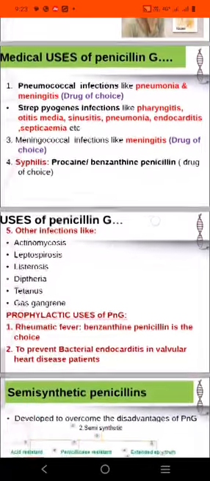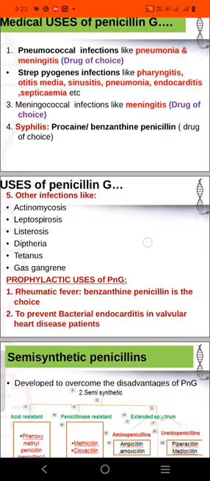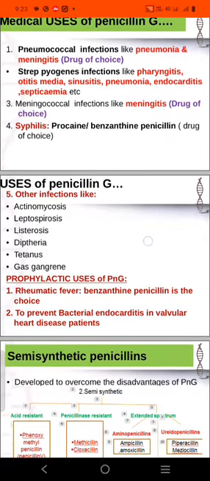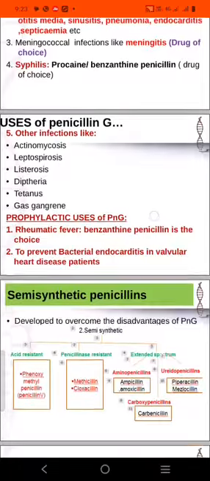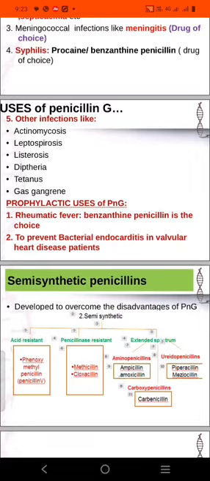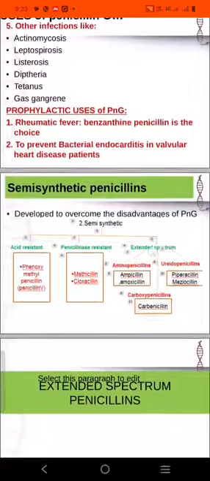Other infections like actinomycosis, leptospirosis, filariasis, diphtheria, tetanus, and gas gangrene can be treated with penicillin. Prophylactic uses: in rheumatic fever, benzathine penicillin is the drug of choice. To prevent bacterial endocarditis in valvular heart disease patients, penicillin G is used.